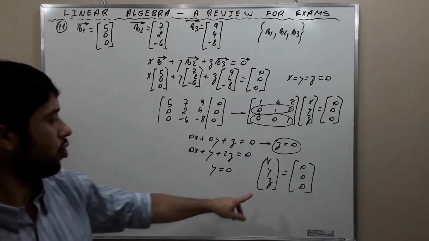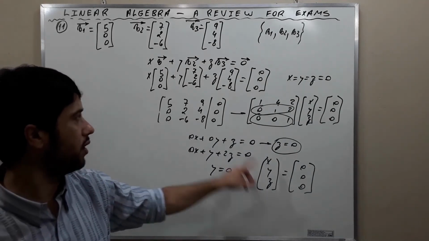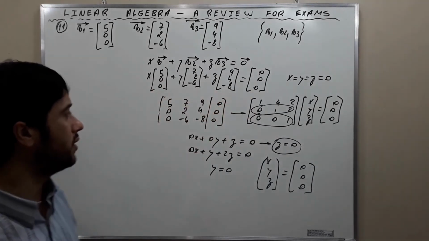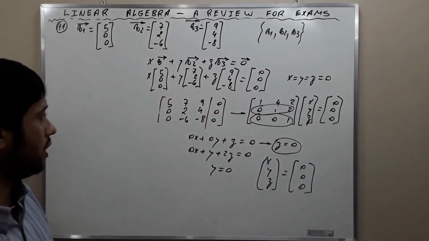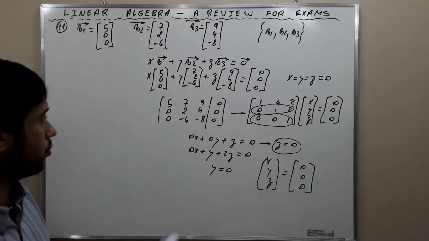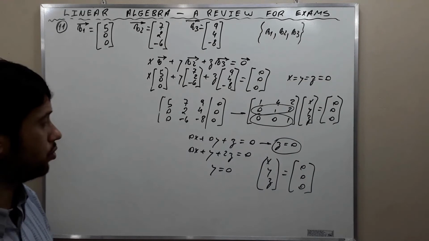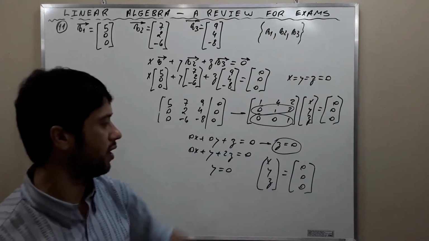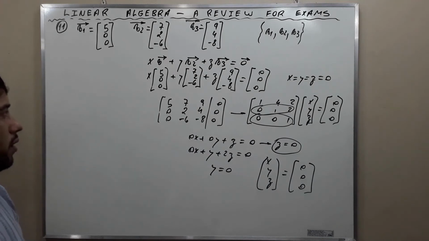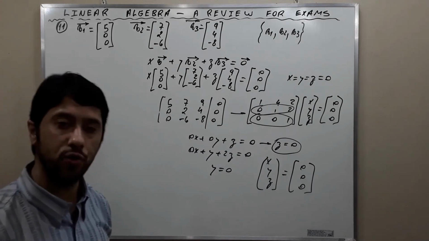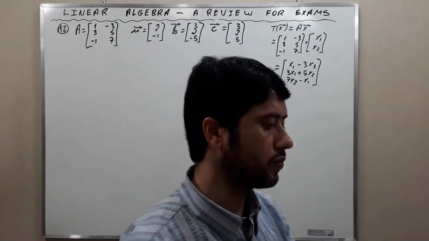However, as we discovered that the only possibility is when x, y, and z are 0, we have achieved the conclusion that the only possible way is this, and then it makes them linearly independent. Okay, this is all for exercise 11. Let's go to exercise 12.